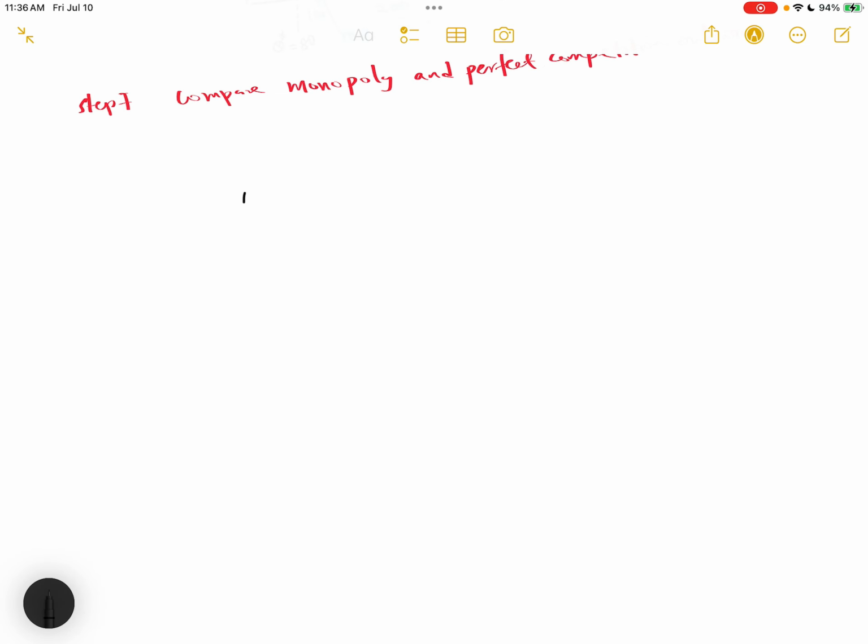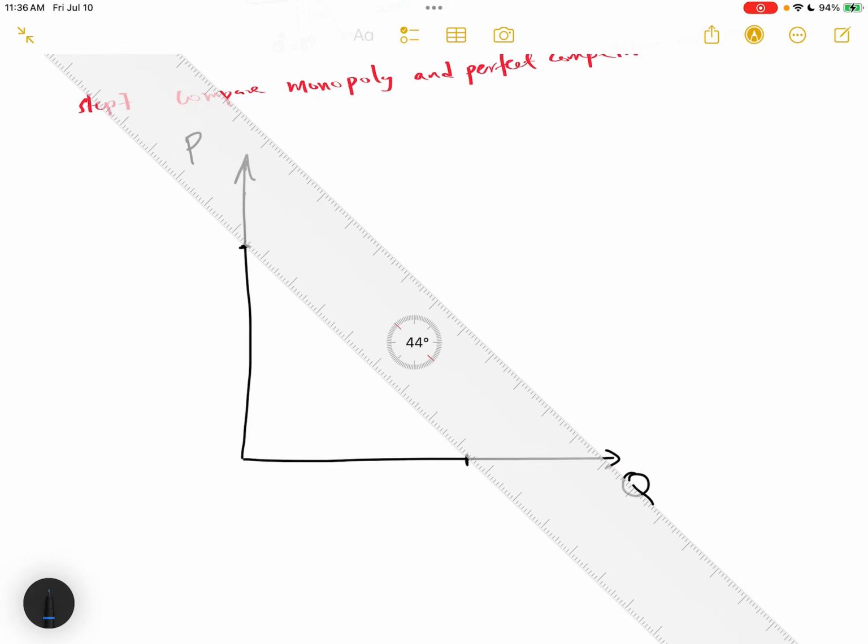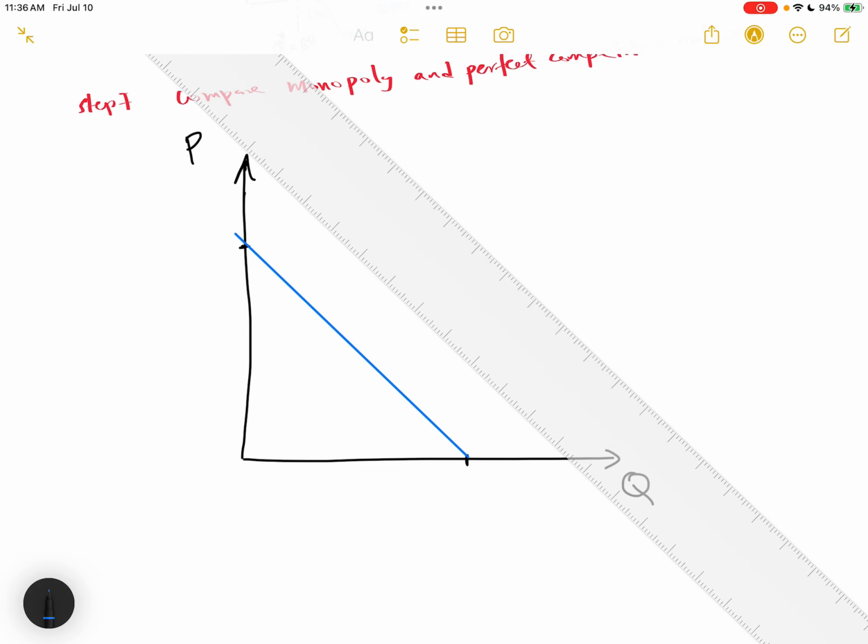So we have price, we have quantity, and let's draw a demand curve. Let's use blue. I'm trying to connect these two endpoints here. Okay, so that's the demand curve.